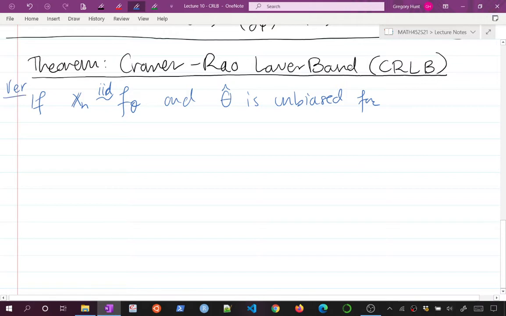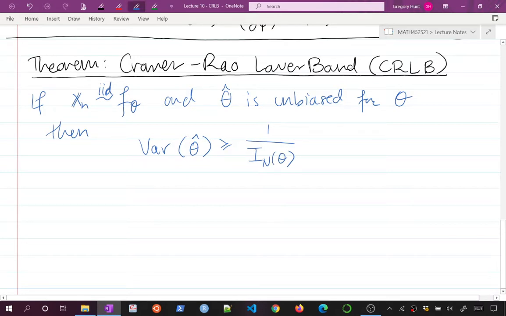This is going to be simpler, right? Okay. So let's just say it's unbiased for theta first. If X1 through Xn comes from this distribution, theta hat is unbiased for theta, then the real short way to write this is that the variance of any unbiased estimator for theta must be bigger than or equal to 1 over the Fisher information for theta. So that is, let's call this version 1 of our theorem.